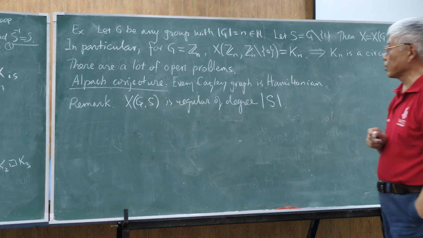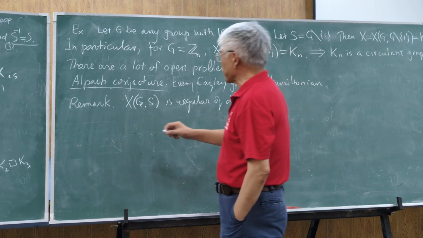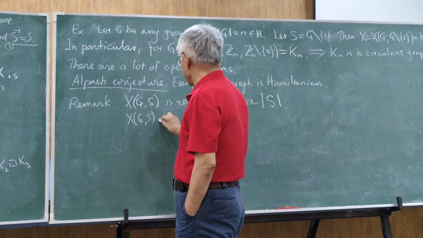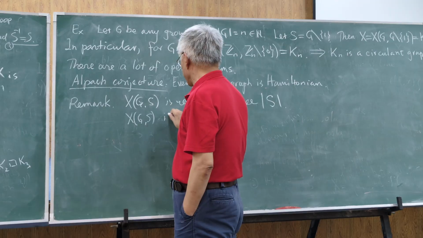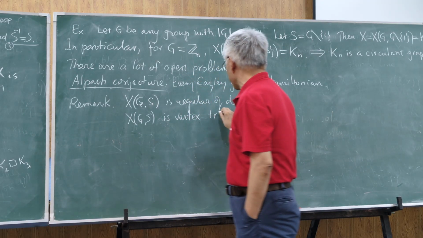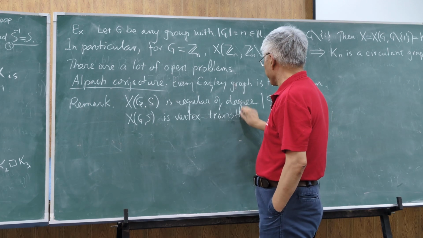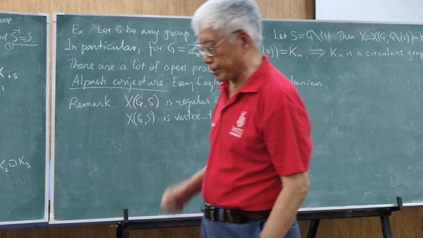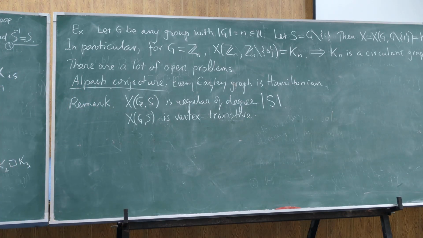And not only so, the second observation is that these graphs are vertex transitive. You will understand what vertex transitive means, right? Its automorphism group acts transitively on the vertices, on G. What does it mean? If you take any two x, y in G, there is an automorphism which maps x to y.